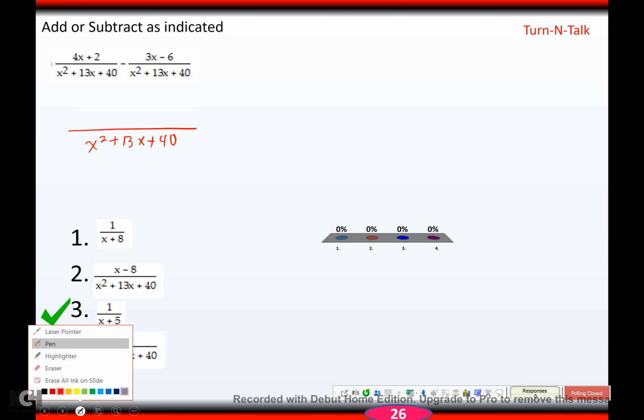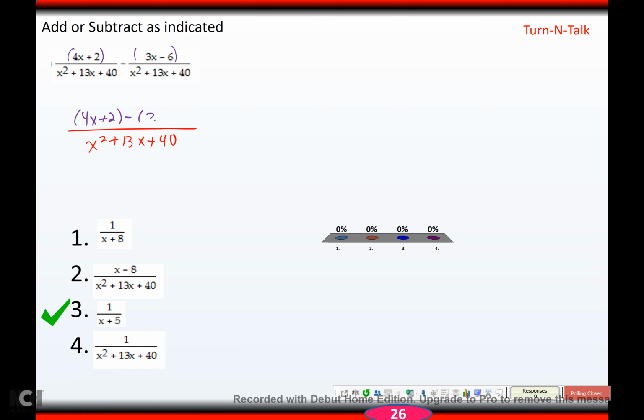And then I can combine the tops, this minus this, so I have 4x plus 2 minus 3x minus 6. Distribute on top and combine like terms, nothing crawls, the negative crawls, so I have 4x plus 2 minus 3x plus 6 all over x squared plus 13x plus 40.